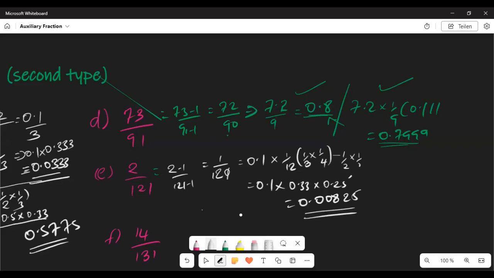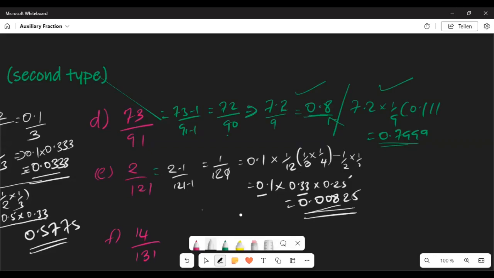If you multiply all this directly, 0.1 multiplied by 0.33 gives you 0.033, times 0.25, which brings you to 0.00825.